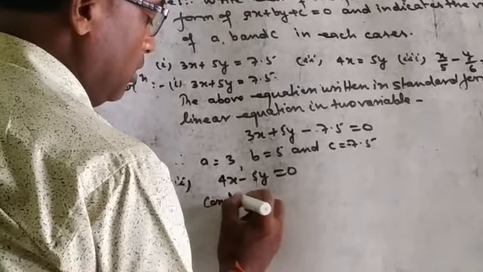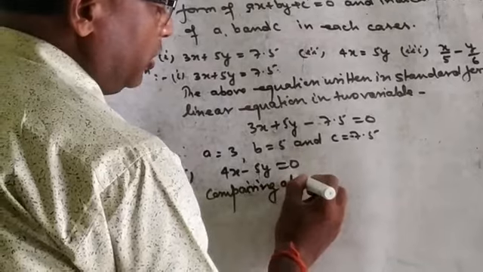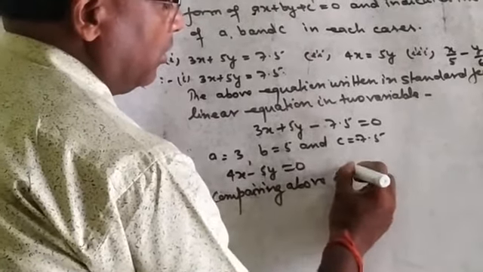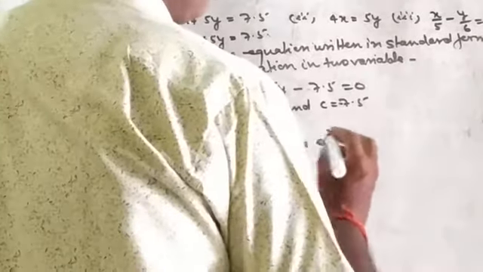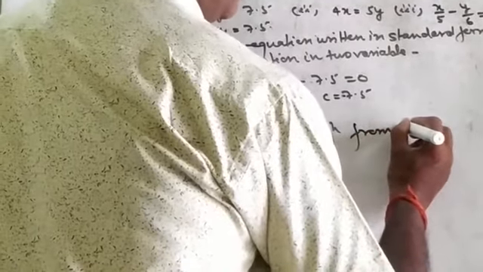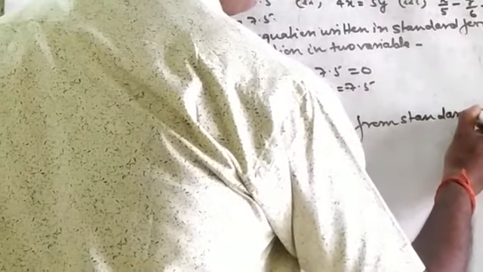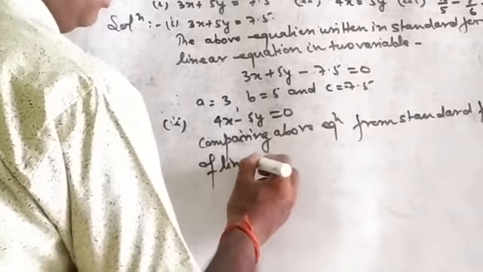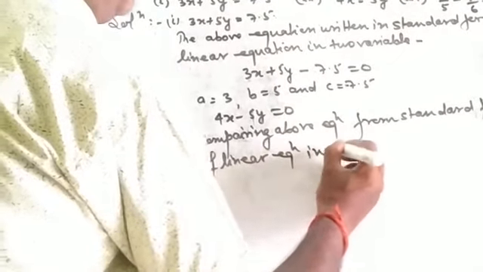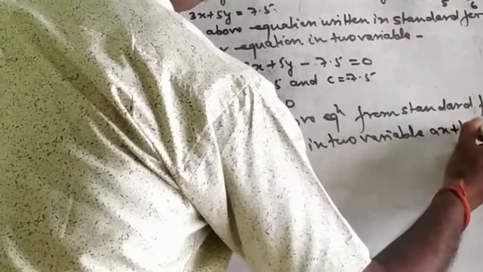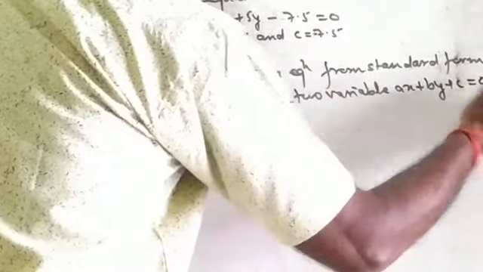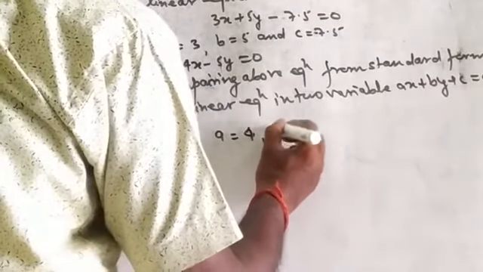Comparing the above equation with the standard form of linear equation in two variables, ax plus by plus c is equal to 0, then what can we get? a is equal to 4, b is equal to minus 5 and c is equal to 0.